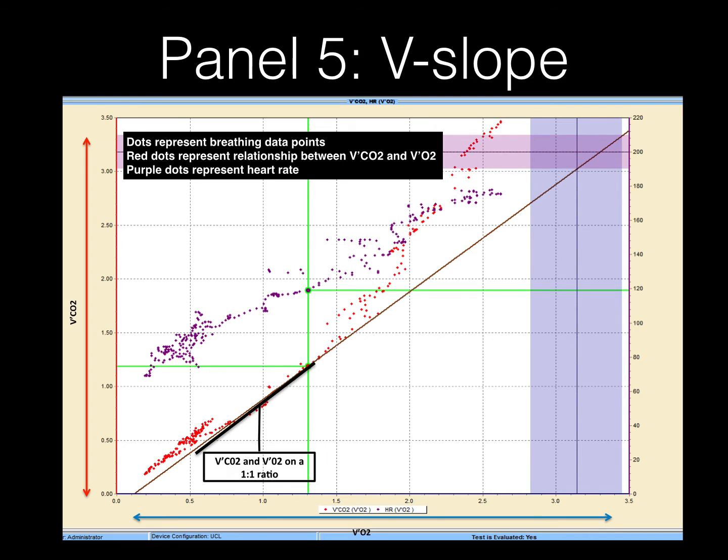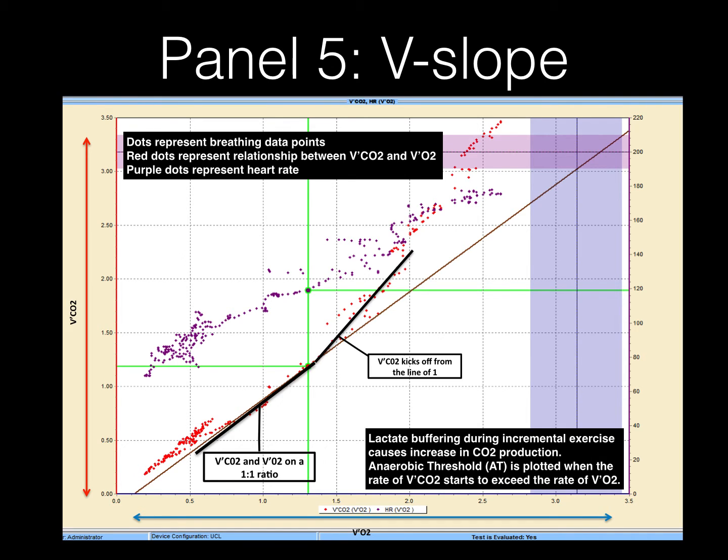Initially, from the bottom left, the VO2 and the VCO2 both rise together equally. They go towards the line of unity, which is represented here in brown. They both rise in equal fashions initially. However, at the anaerobic threshold, extra CO2 is being made. This has come from the buffering of the H+ that accompanies the lactate.